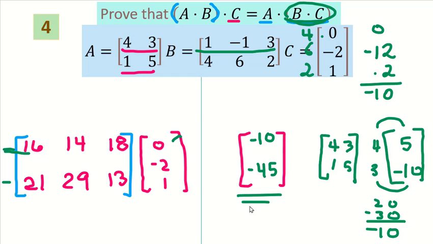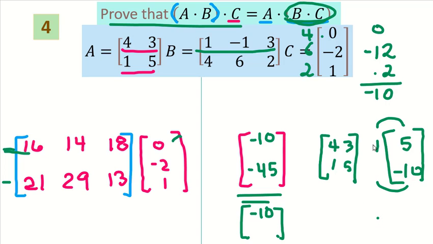Okay, let me put this matrix that I'm getting the results underneath this matrix that I got by doing this multiplication the first way, grouping A and B together first. So I get negative 10 as the first element. So let me erase my work, give myself a little more room, and I'm going to put that second row, 1 and 5. 1 times 5 is 5. 5 times negative 10 is negative 50.